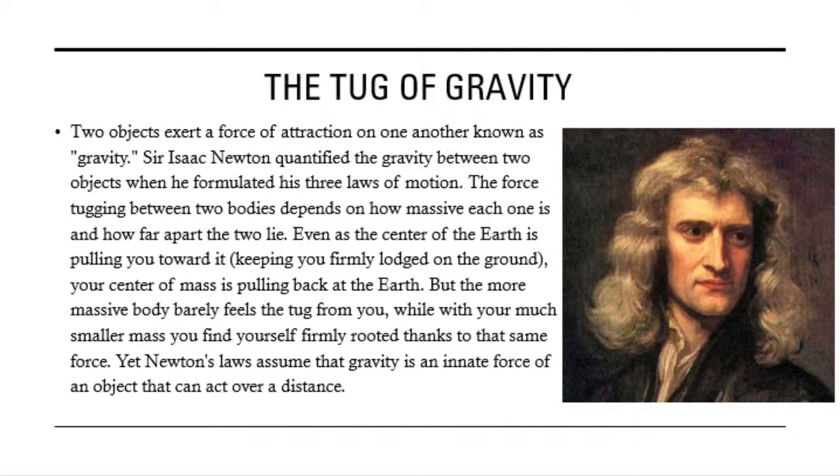Your center of mass is also pulling back on the earth, but because of your smaller mass, the earth has a much greater effect on you. Because of the earth's massive body, it barely feels our tug. Yet, Newton's laws assume that gravity is an innate force of an object that can act over a distance.